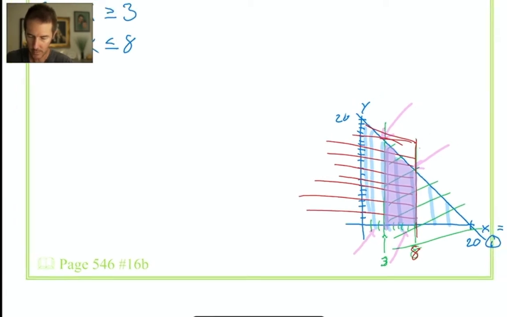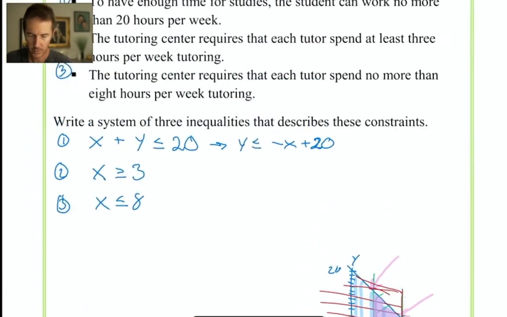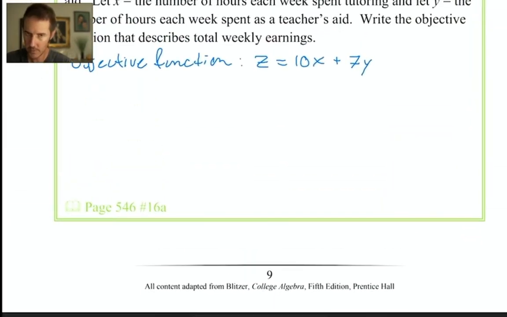Let's write down our objective function again. I need to, oh, there it is. No, that's not it. 10x plus 7y, I think it was. Yep, there it is.